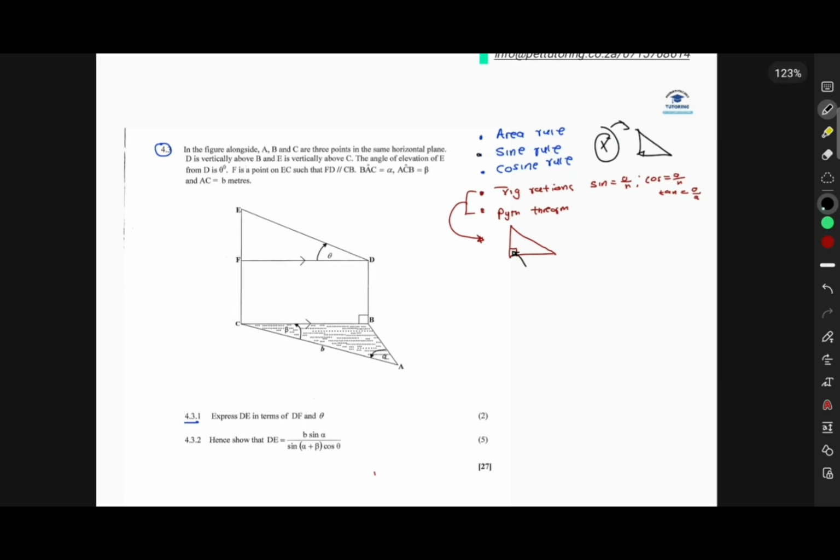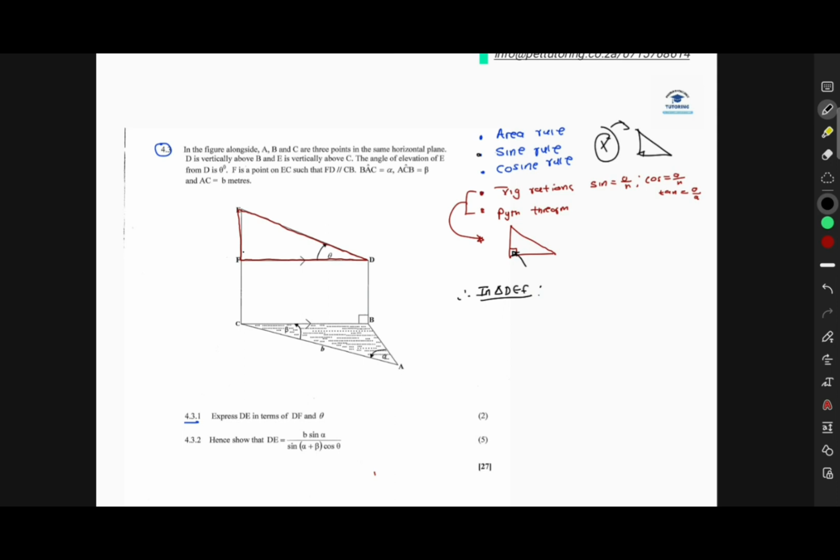However, let me show you how to answer this 4.3.1. They want us to express DE in terms of DF and theta. So I have to check this DE on my diagram. Here is the DE, and here is the DF. So I am going to use this triangle DEF.